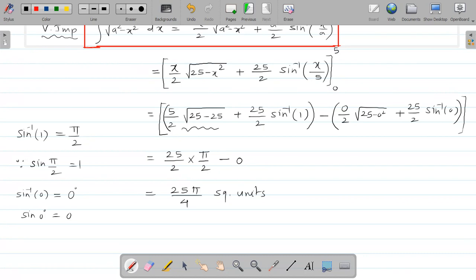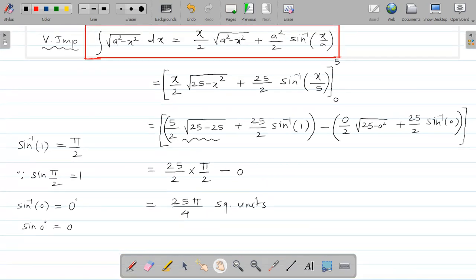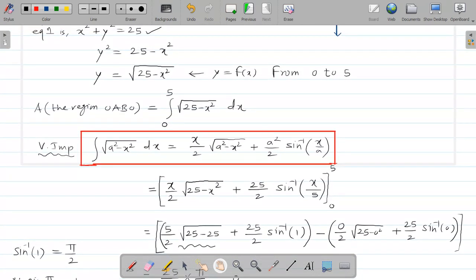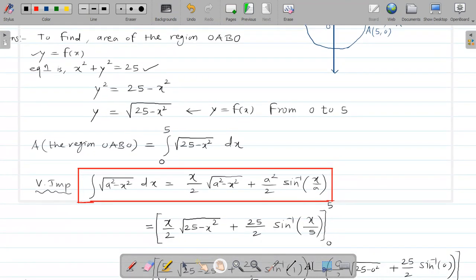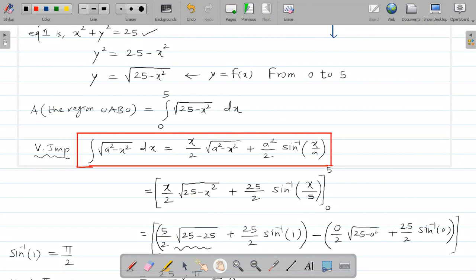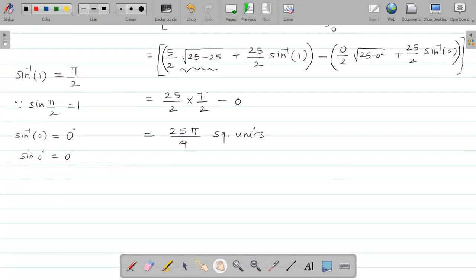Now this is the area which is the quarter part of the circle, that is OABO. But what we require is the area of the total circle. So area of the circle will be 4 times the area of region OABO.